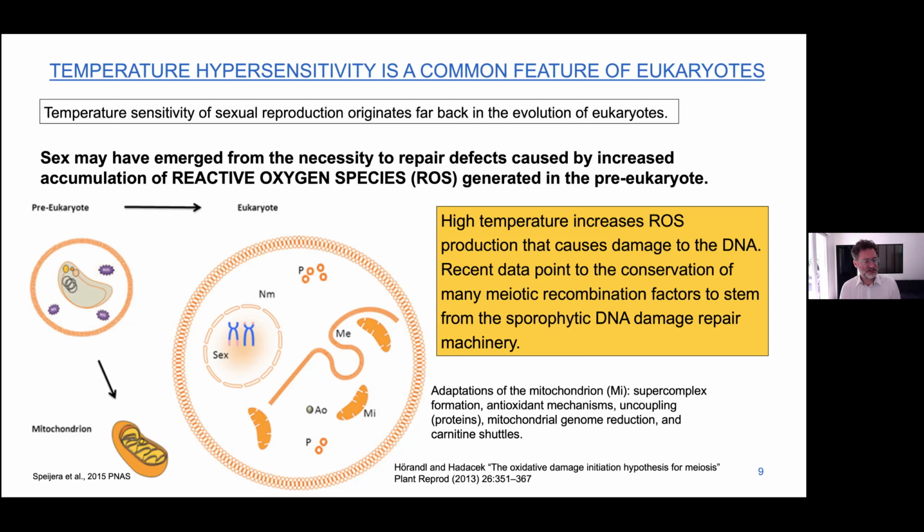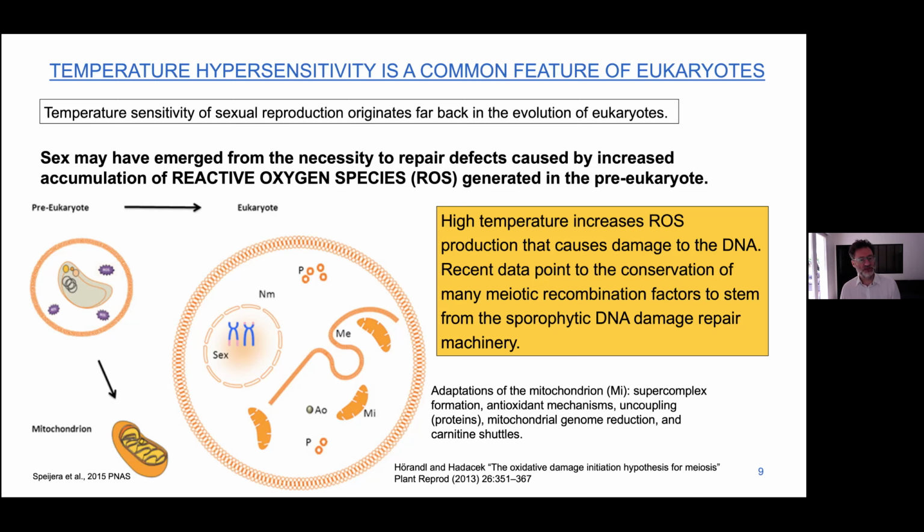Because of this general problem of temperature sensitivity of sperm production, you could argue that this is something that originates far back in the evolution of the eukaryotes. So then the question is, when did eukaryotes develop sexual reproduction, and how and why did that happen?